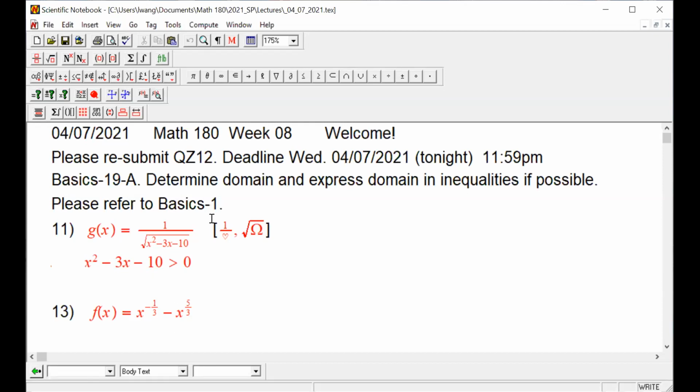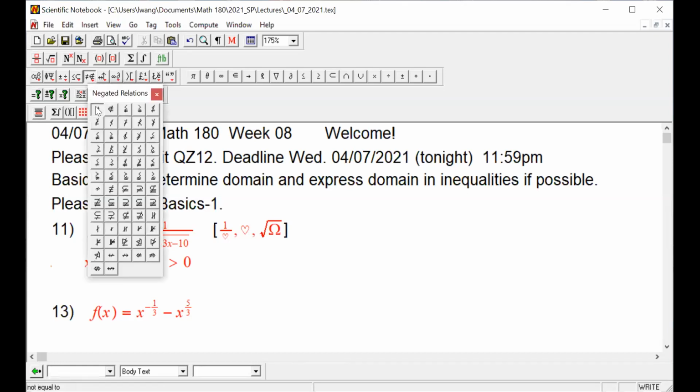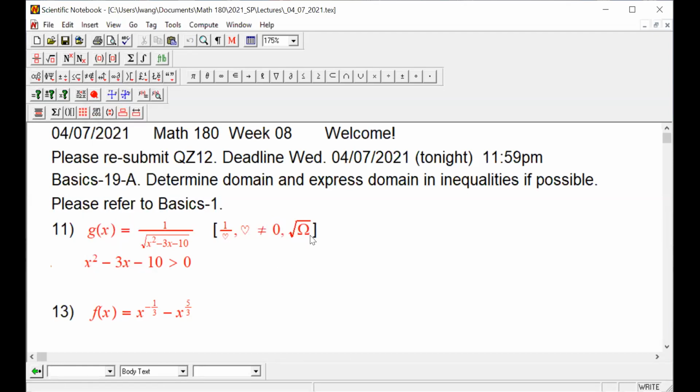So you have to consider both situations, right? In this situation, the heart cannot be 0. In this other situation, omega has to be greater than or equal to 0. You combine these two.